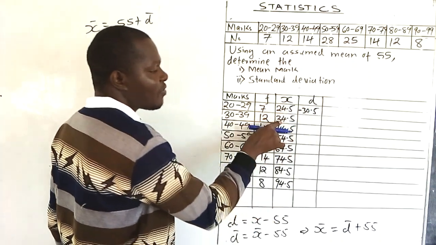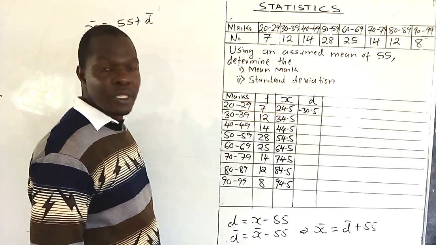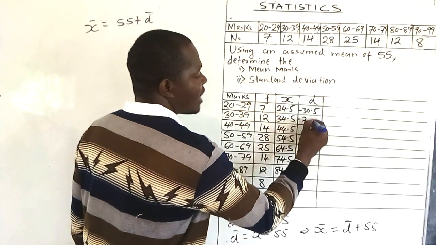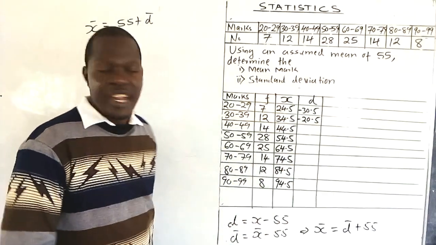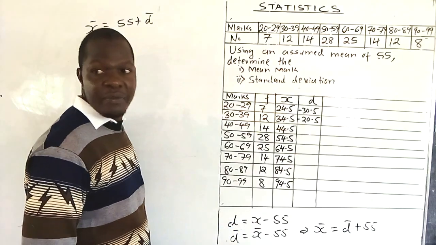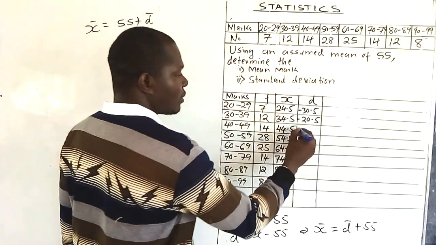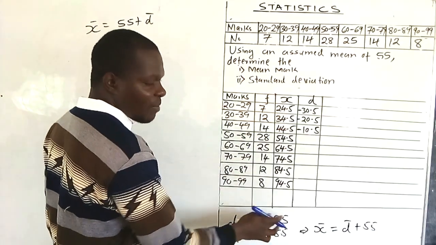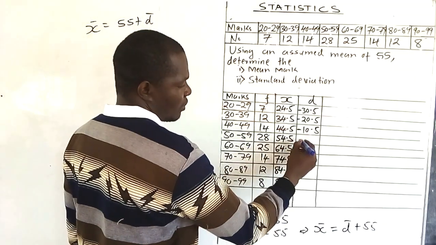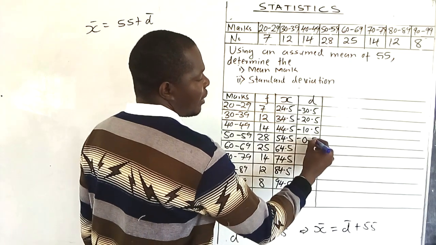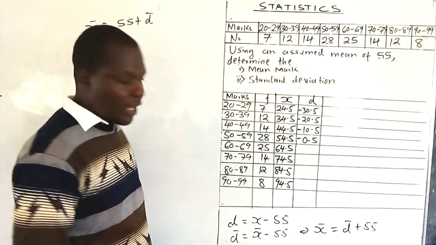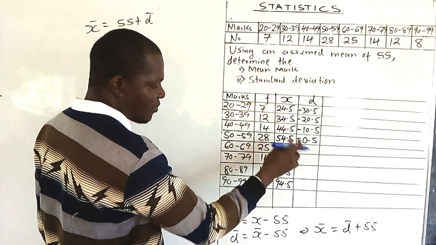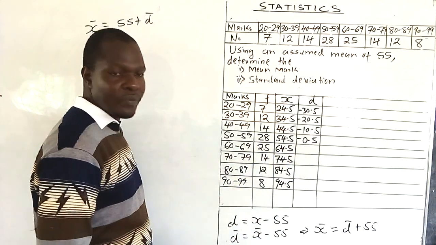Then the next, 34.5 minus 55, negative 20.5. Then the next, 44.5 minus 55, negative 10.5. Then the next, 54.5 minus 55, negative 0.5, isn't it?